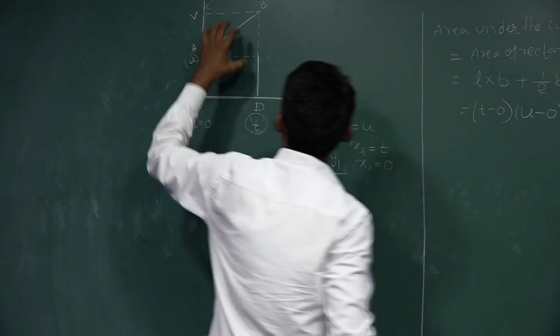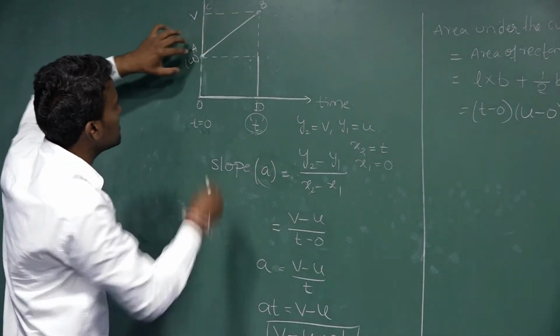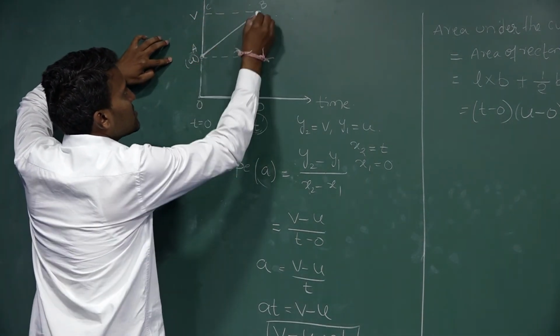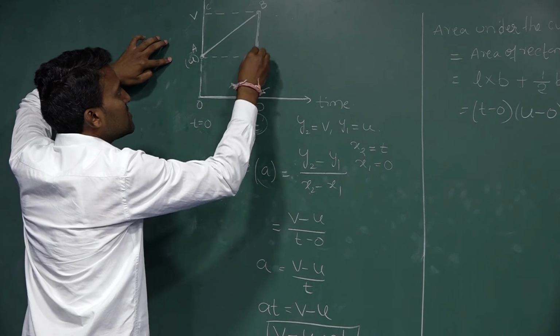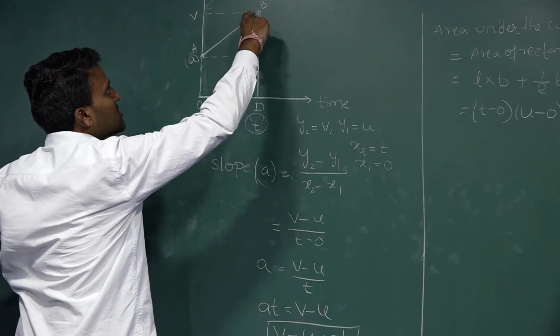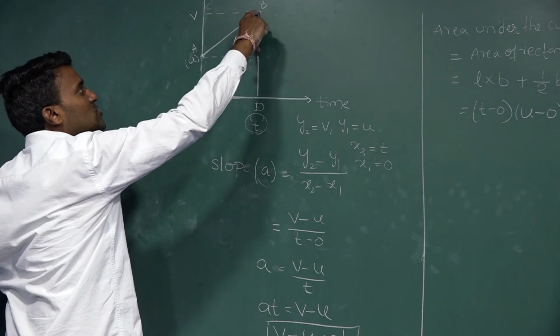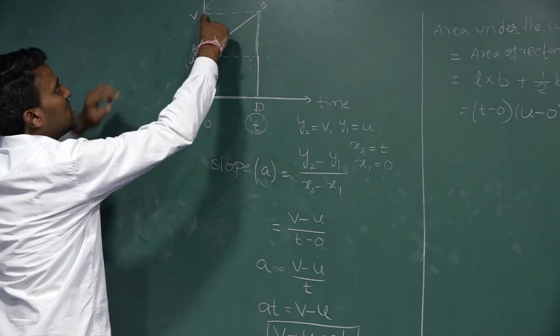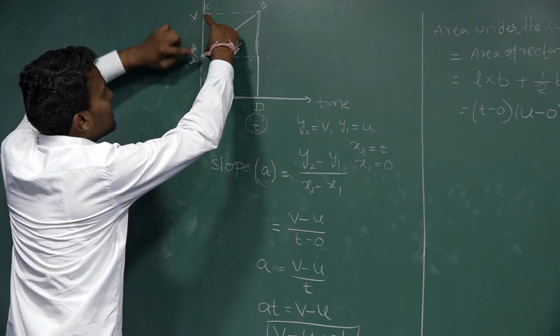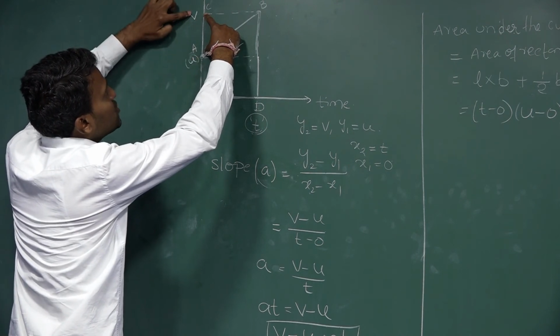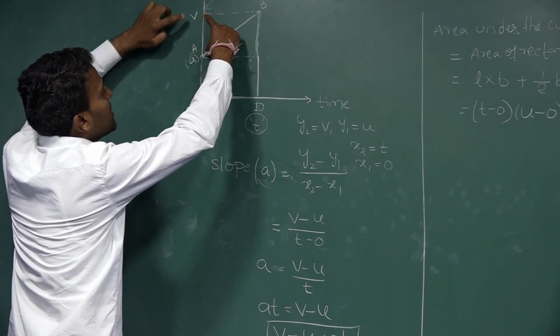And the height of the triangle is this one. Moving along the y-axis, because it is parallel to the y-axis, this is the final position and this is the initial position: final minus initial.